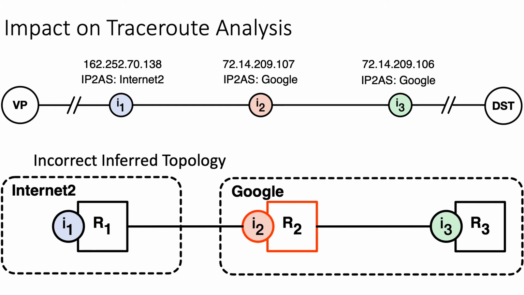But bdrmapIT inferred that it was an address on a Google-operated router, and it's not hard to see why. If we assume that traceroute responses are inbound or off-path, then the 2 back-to-back Google addresses is a very strong indication that the first address is on a Google router. The outbound address violates that assumption, and in this case leads to the incorrect inference.